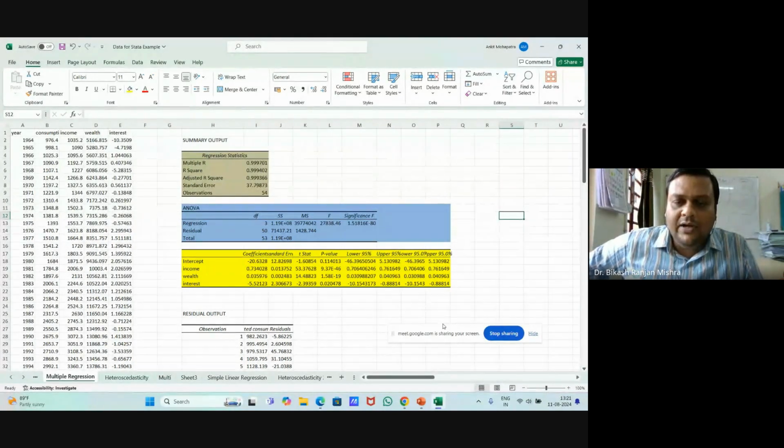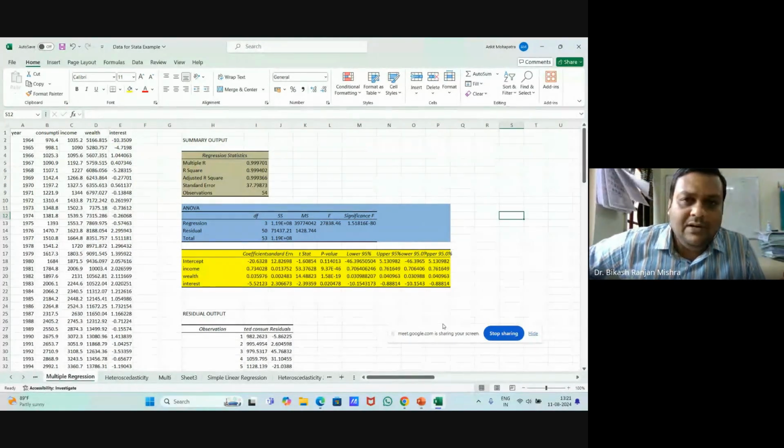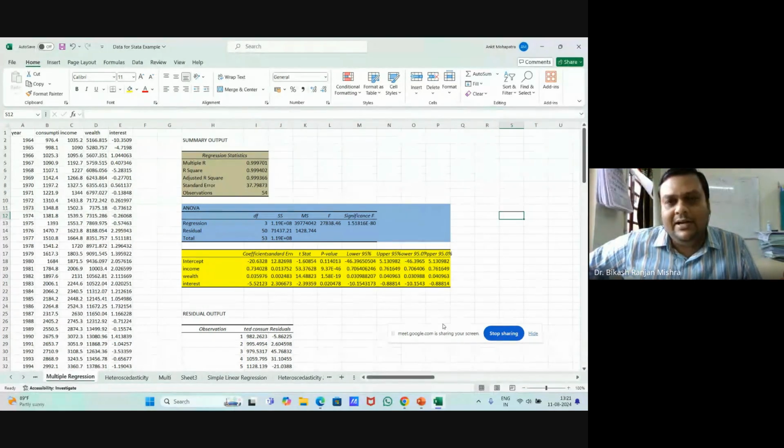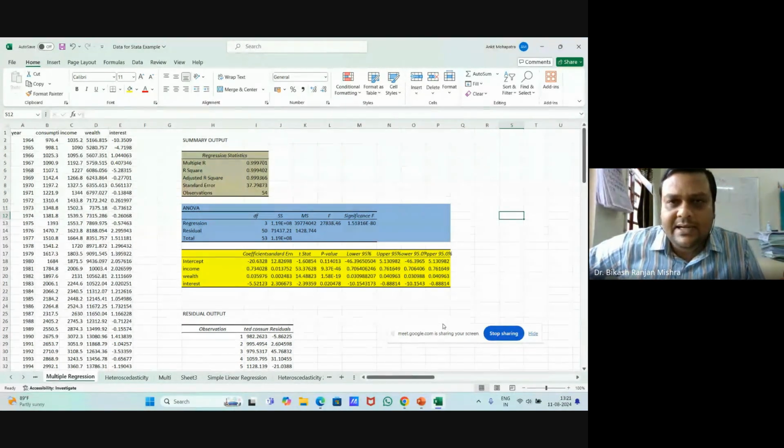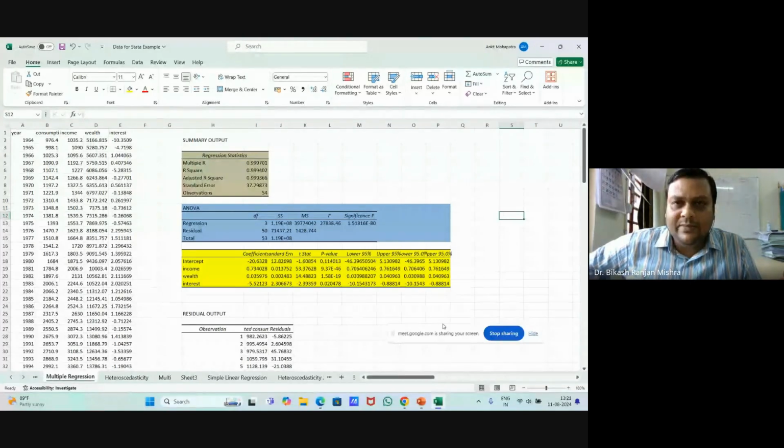As a rule of thumb, the tabulated t value for a 5% level of significance will be 1.96, either plus or minus, depending on whether it is a left tail t-test or a right tail t-test. If it is a right tail t-test, it will be plus 1.96, and if it is a left tail t-test, then it will be minus 1.96.